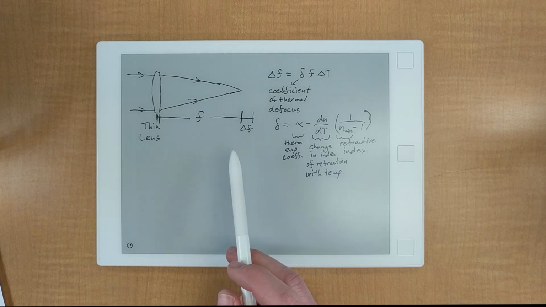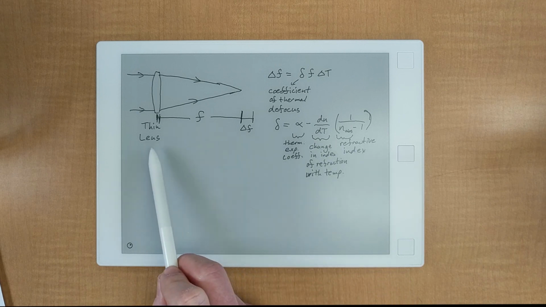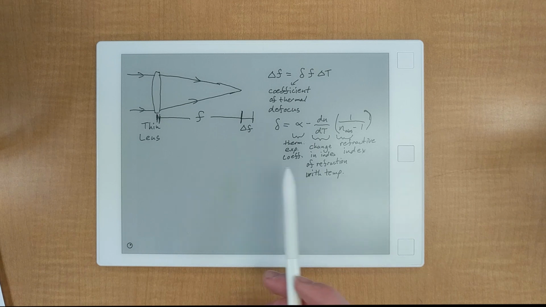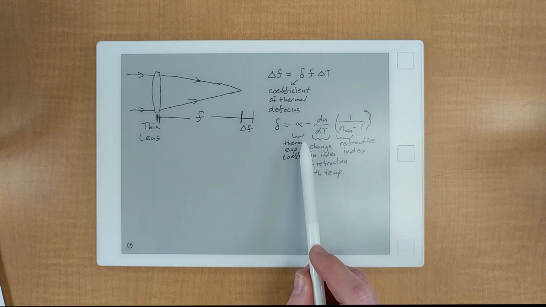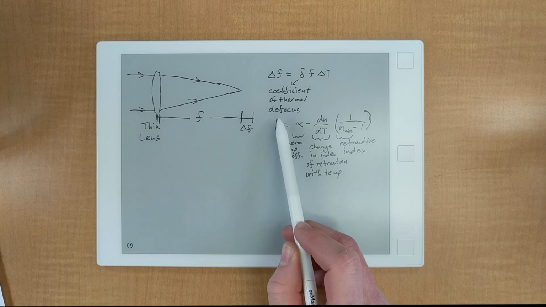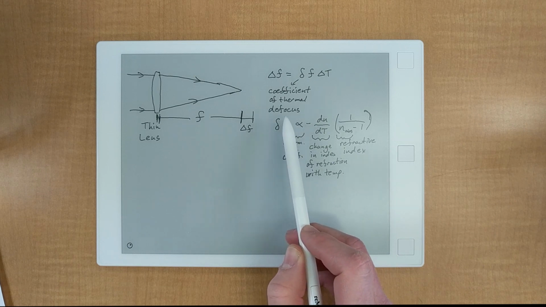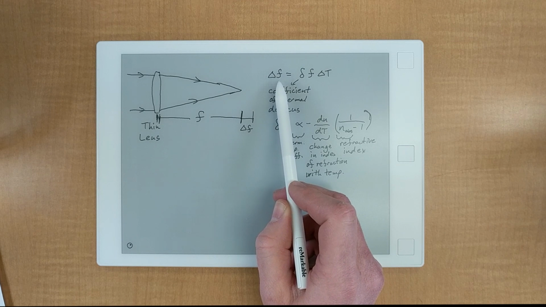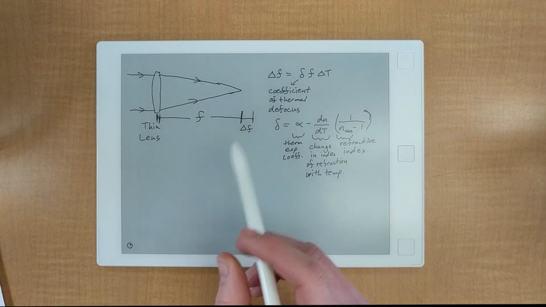So looking at this very simple example, again, this is just for a thin lens, so it's a very, very simple example, but it can demonstrate how these material properties can influence the coefficient of thermal defocus, which then influences the change in focal length.